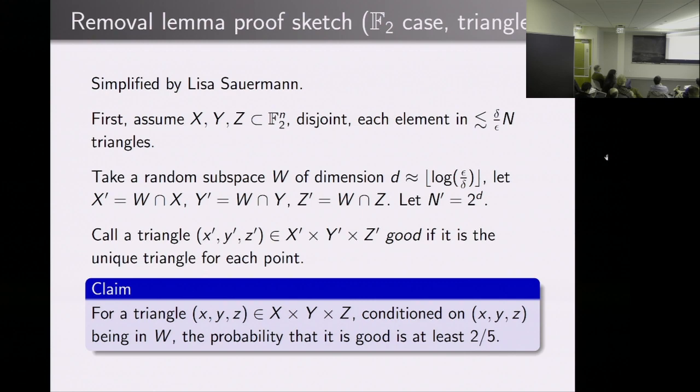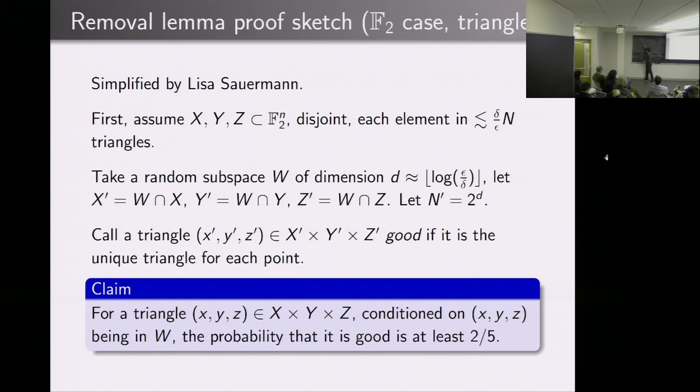And let me try to briefly indicate why this claim is true. Basically, let's say x1, y1, z1 ends up in W, and we have some other triangles that contain x1. So let's say we have x1, y2, z2, x1, y3, z3, and so on.